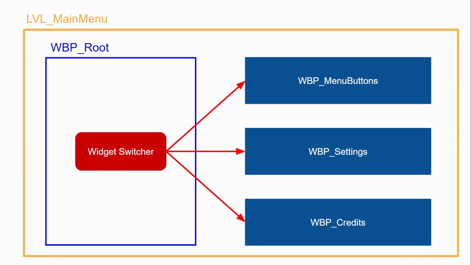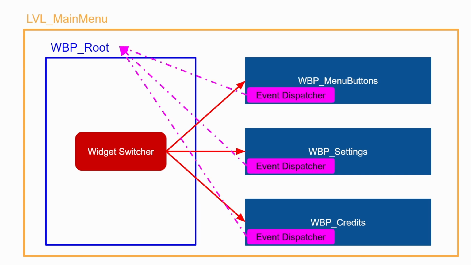The actual navigation will be handled by the root widget that contains the widget switcher. Therefore, all other blueprints will have event dispatchers attached to button click events to send the proper signal of what should happen. The root widget subscribes to all event dispatchers and implements callbacks to properly operate the widget switcher component, changing what is active on screen.